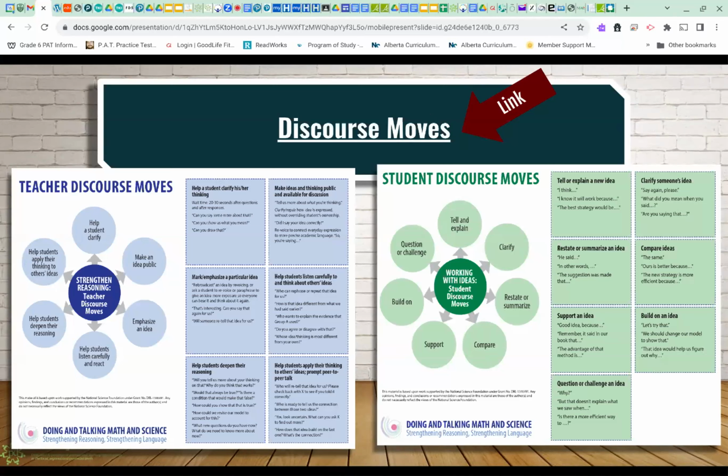So these are some templates that teachers can use, and then also that students can use when they're negotiating an idea with their peers. So how to support an idea, how to build on an idea, comparing things, summarizing as well. So these are just a couple of ideas that you can use in your classroom to support that discourse as well. Okay.